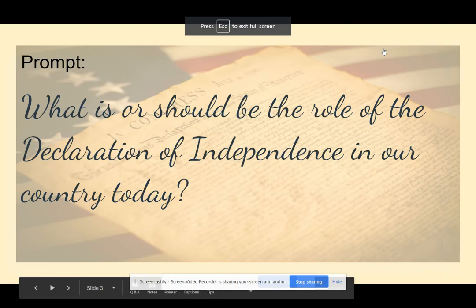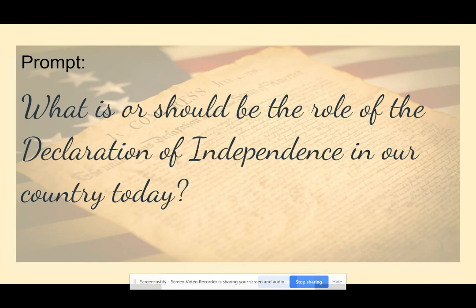What about paragraph 11, he has made judges dependent on his will alone. 11, you said? Yeah. Okay. That's an interesting one. What does it mean when it says he has made judges dependent on his will alone?